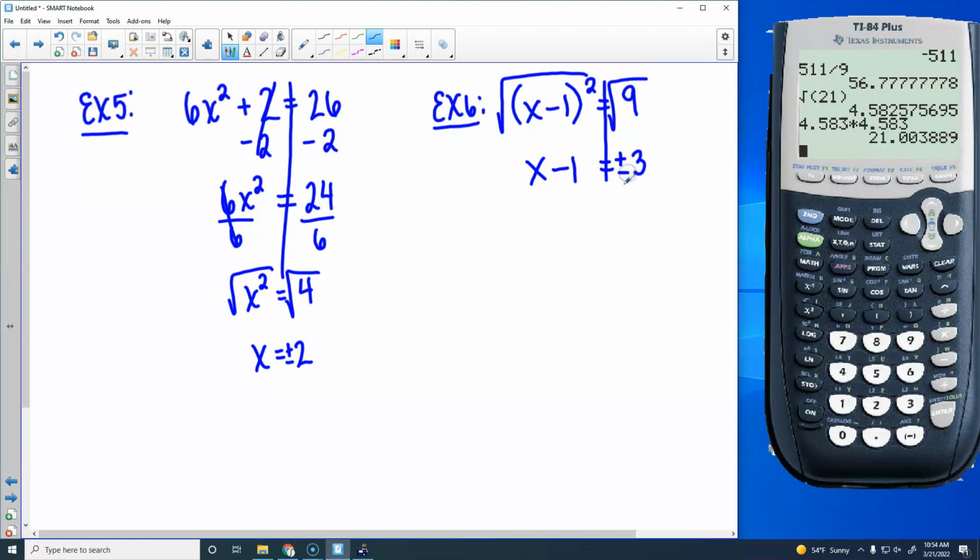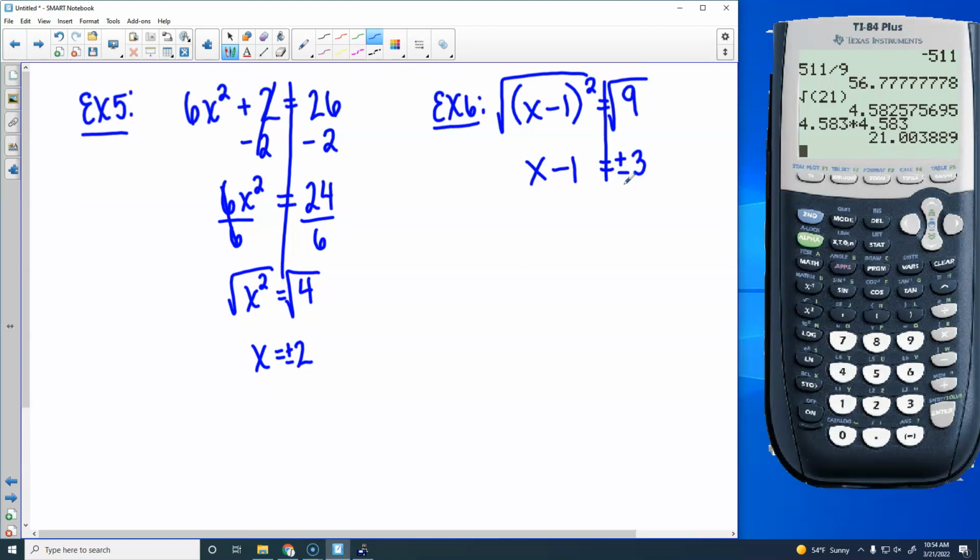Plus or minus 3. You must put that plus or minus there as soon as you take the square root. So you can't wait till the very end to put a plus or minus here. Now, I can't really do this equation with a plus or minus because that's really two different numbers, right?